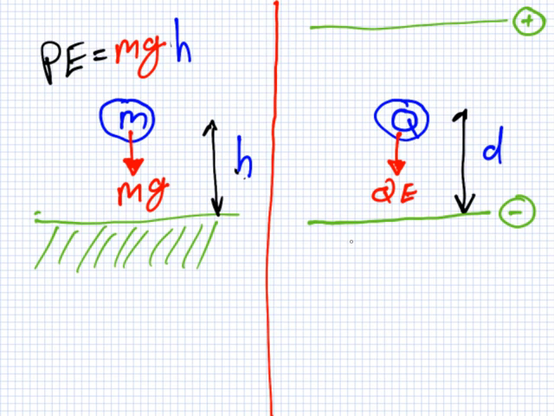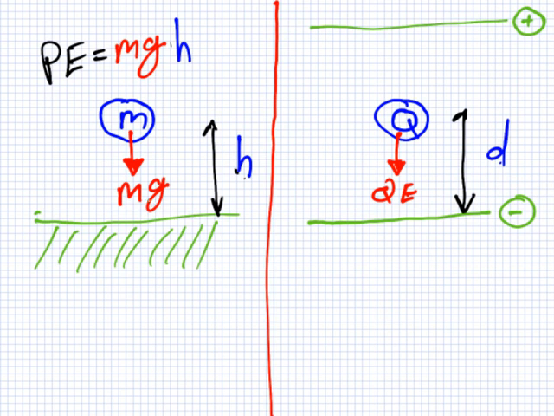Okay, so if you compare the two pictures, what do you notice? Well, we have a distance, you can even call it H if you want, it doesn't matter, but I'll call it D just to make it different. So we have a height in both cases, don't we? We have a downward force in both cases, don't we? The force has a constant in it.